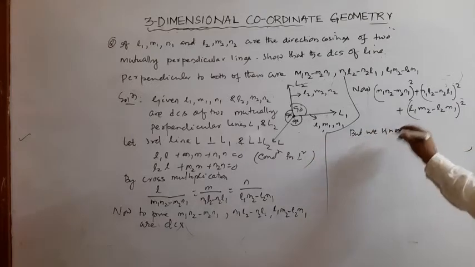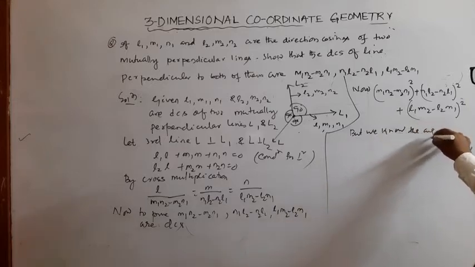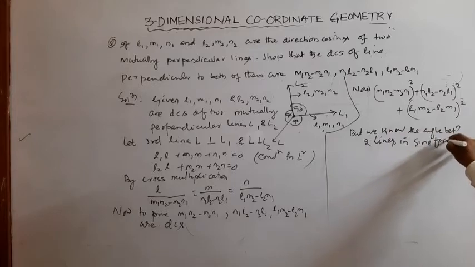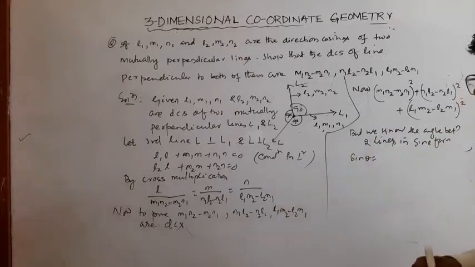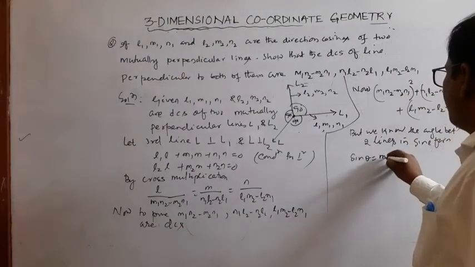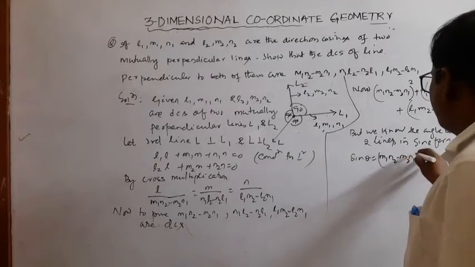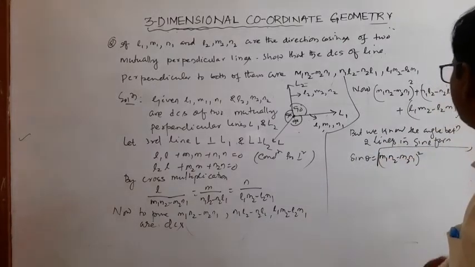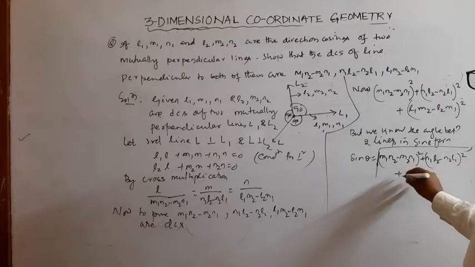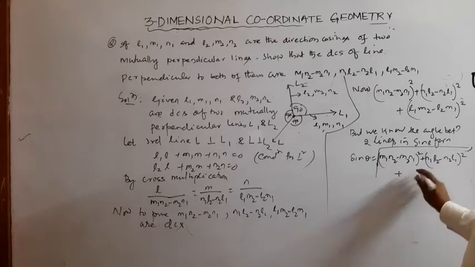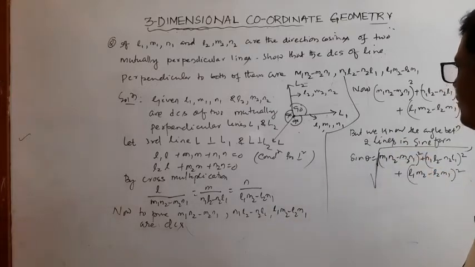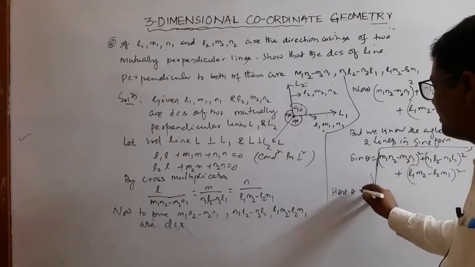We know the angle between two lines in sine form: sin theta is equal to the root over M1 N2 minus M2 N1 whole square plus N1 L2 minus N2 L1 whole square plus L1 M2 minus L2 M1 whole square. Here theta is equal to 90 degrees.